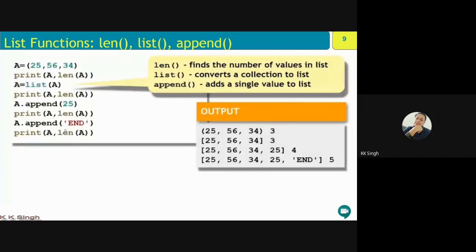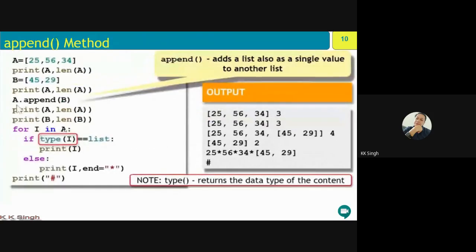Now, in the next slide, it is again the same, but here you might face some discrepancy. If you take one list like 25, 56, and 34, while printing it will print 25, 56, 34 along with the length, which is 3. And in the second case, B is 45 and 29.